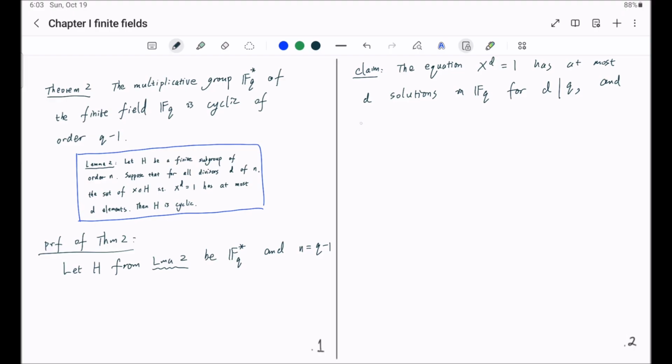And thus it has at most d solutions in F_q star as well. Because 0 is not a solution, since 0 to the d is 0, not equal to 1, this equation must also have at most d solutions in F_q star.